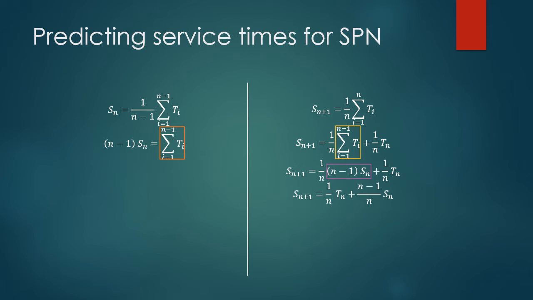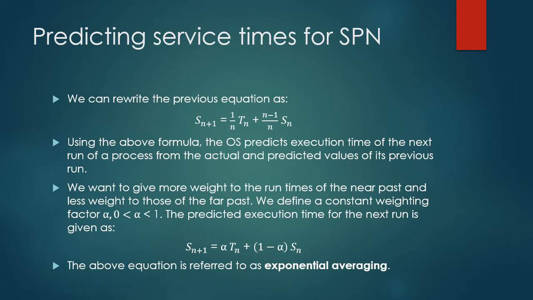The purple box contains the substituted value. From the working that we just did, we can write the previous equation as Sn+1 is 1/n times (Tn + (n-1) Sn). Using the above formula, the operating system predicts execution time of the next run of a process from the actual and predicted values of its previous run.